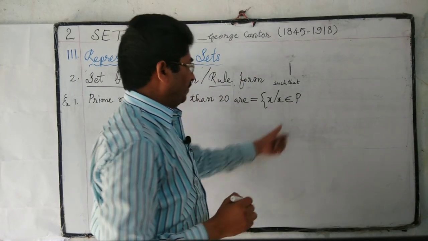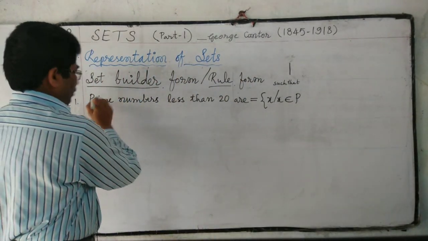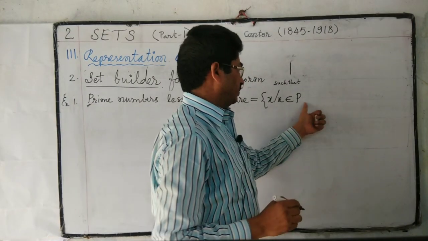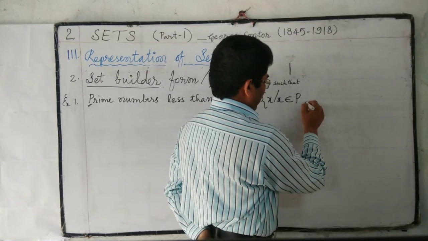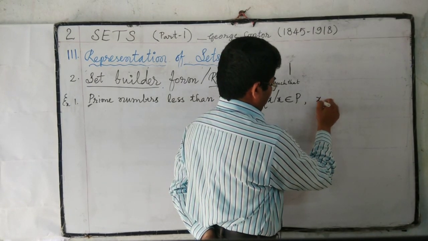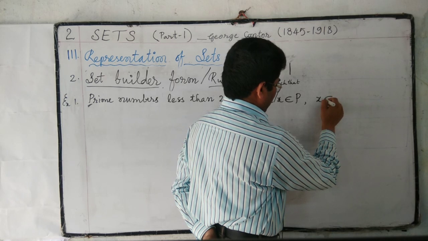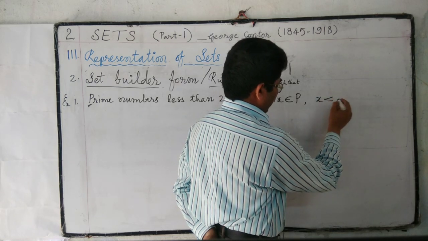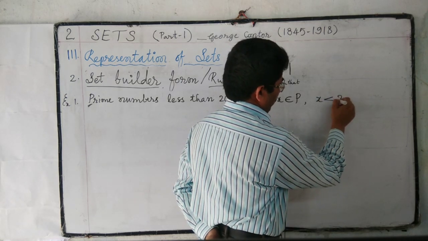We can keep P, the first letter, for prime numbers. x such that x belongs to prime numbers, and x less than 20.